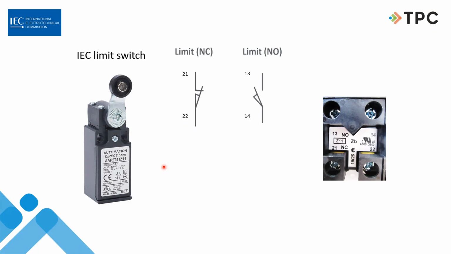Now, the other problem that we have sometimes in prints, which people don't notice, is when switches are drawn in the held position. In other words, when the machine is de-energized, there's something sitting on that limit switch already. So what we've got is a normally closed switch held open.